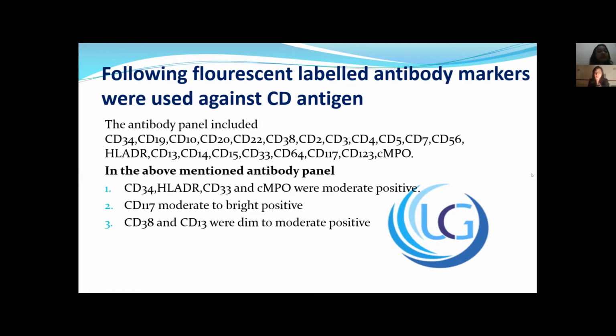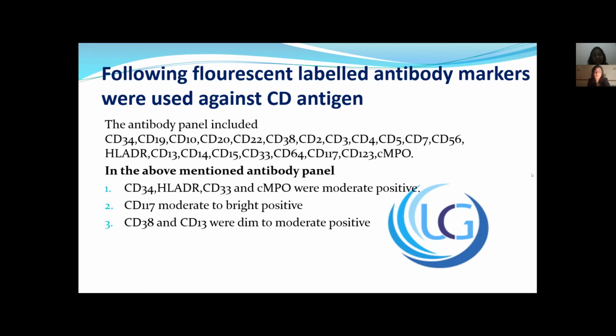The antibody panel included were CD34, CD19, CD10, CD20, CD22, CD38, CD2, CD3, CD4, CD5, CD7, CD56, HLA-DR, CD13, CD14, CD15, CD33, CD64, CD117, which is the AML marker, CD123, and cytoplasmic myeloperoxidase.